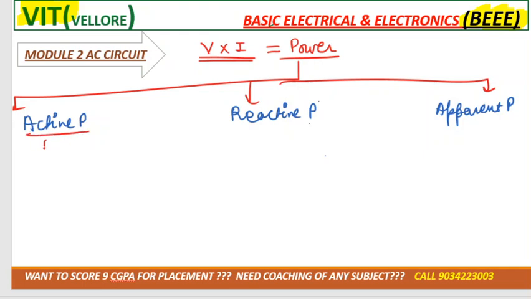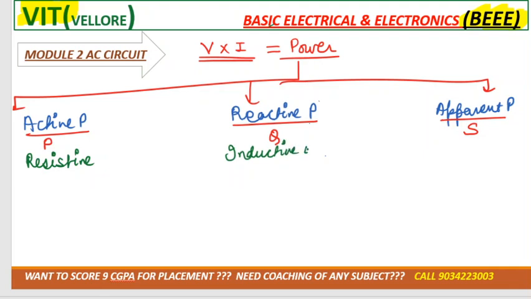Active power is denoted by P, reactive power is denoted by Q, and apparent power is denoted by S. Active power is used where a resistive load is there. Reactive power is used where an inductive or capacitive load is there. Apparent power is used where there is a combination of RL, RC and RLC.